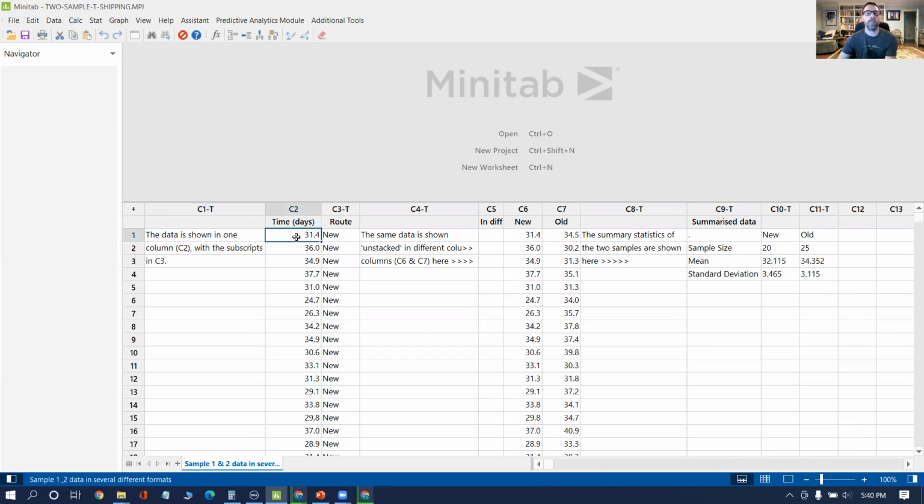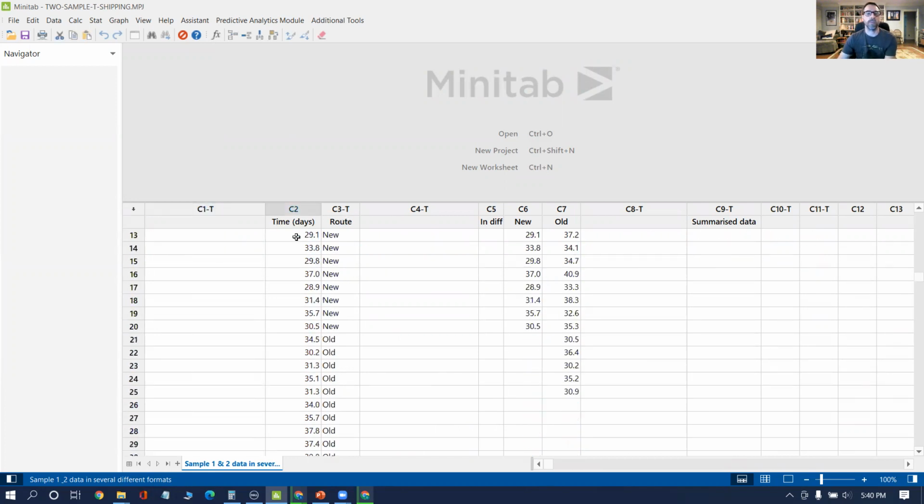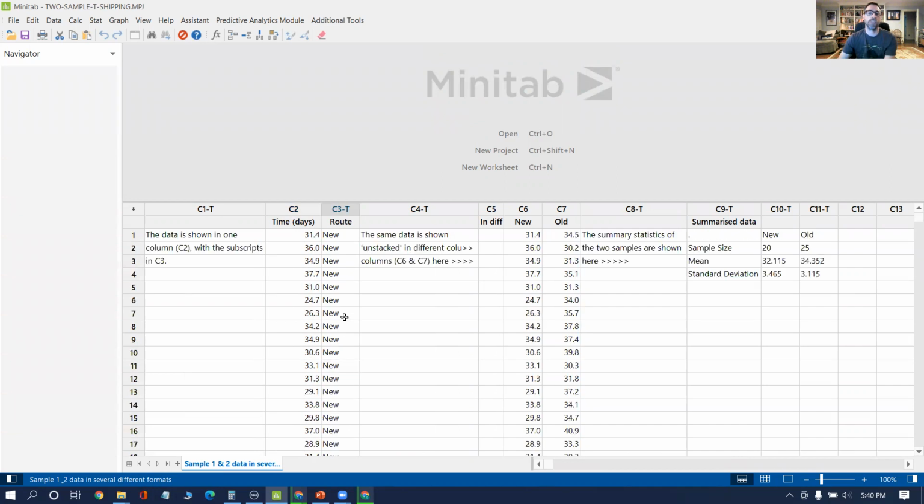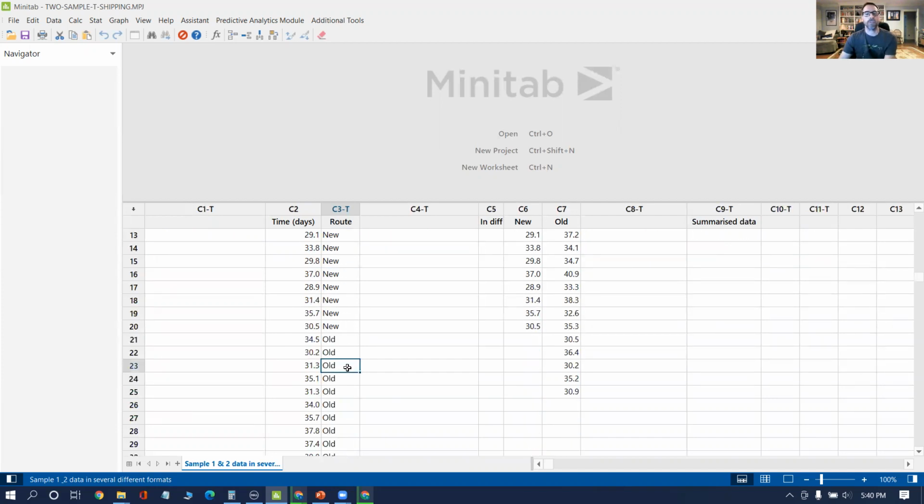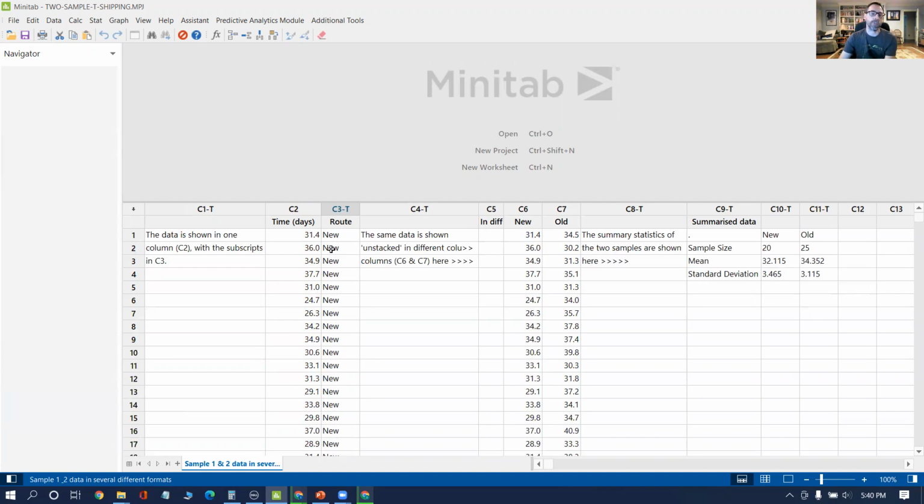So this is the shipping time in column C2, and column C3 shows the route, the new route and the old route. According to the OpEx book, the scenario being presented here is the shipping time to move goods to Japan, time in days on the new route versus time in days in the old route.